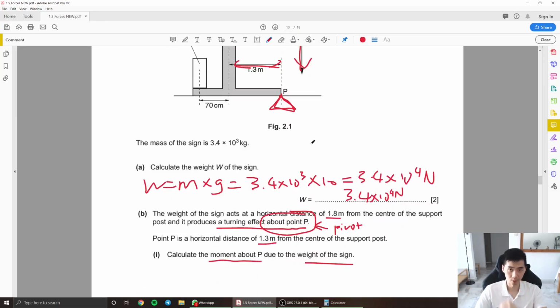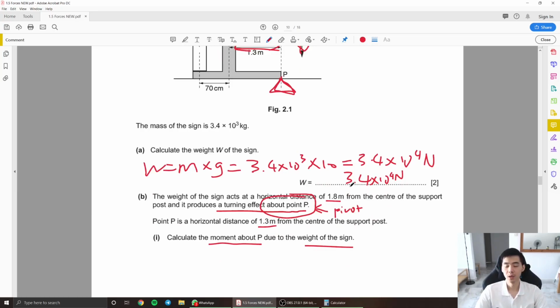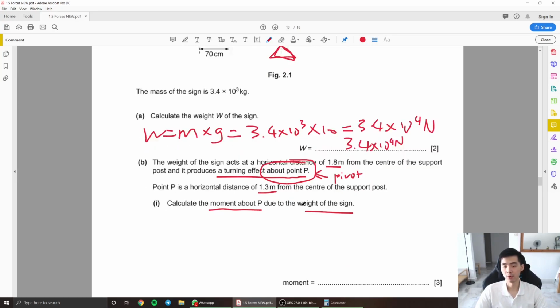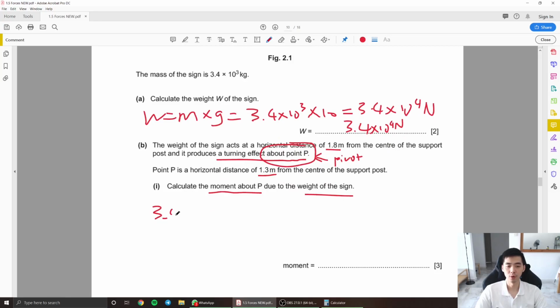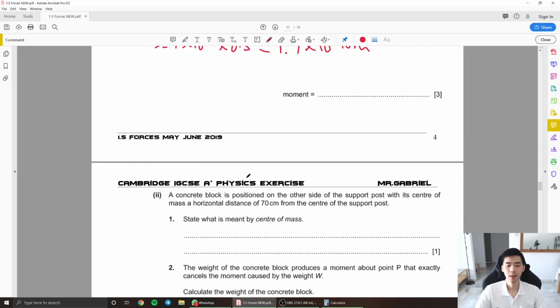Pressing that into the calculator will be basically 3.4 times 10 to the power of 4 multiplied by 0.5, which is divided by 2. Press that into the calculator and you'll get 1.7 times 10 to the power of 4 Newton meters here.